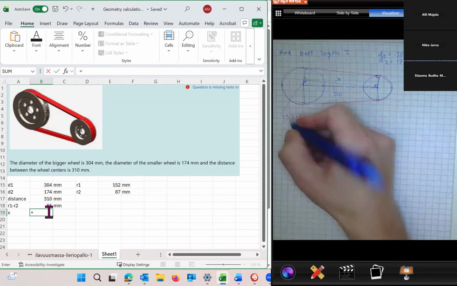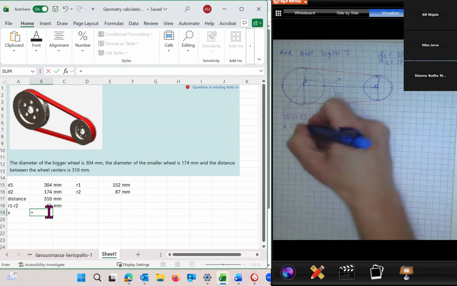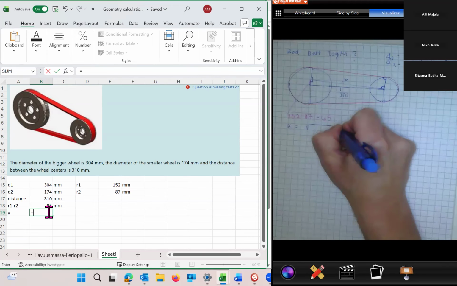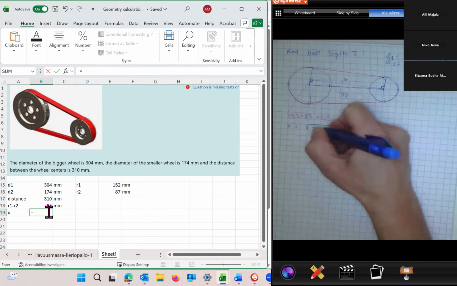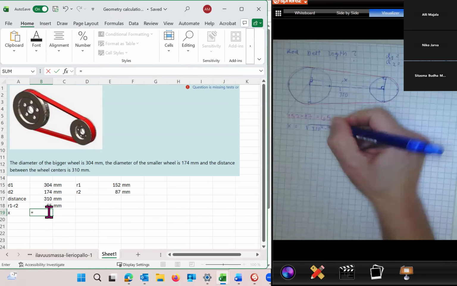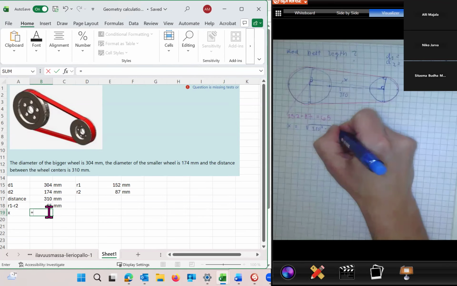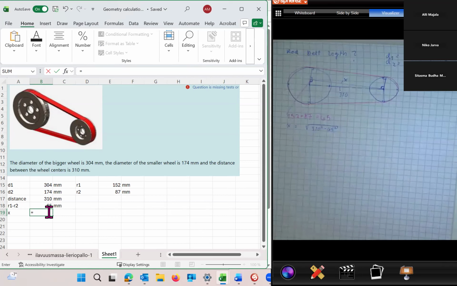So my X is the square root of 310, that seems to be the hypotenuse, minus the 65. 310 minus 65.